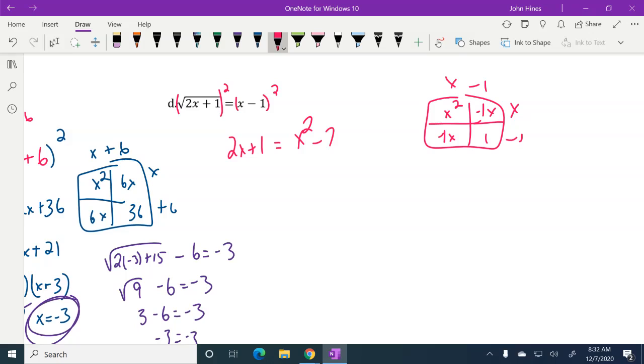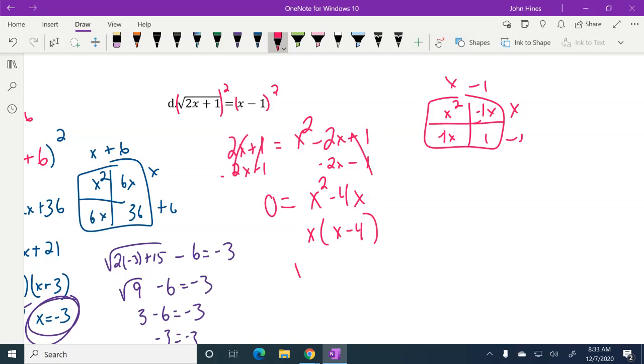So x squared minus 2x plus 1. Get it equal to 0. And when this happens, you guys always panic because you're not really sure how to factor it. When you get this structure here, it's not DOPS because it has an x next to it. It's a GCF. So x equals 0 or x equals positive 4.